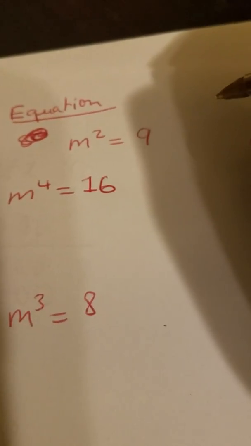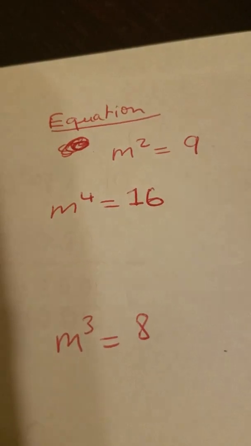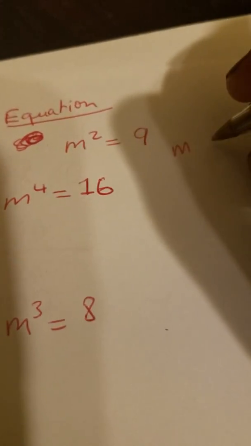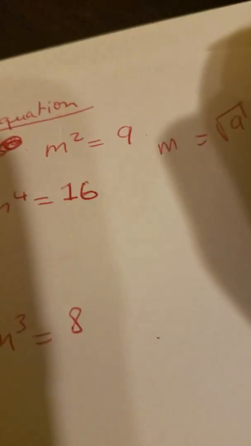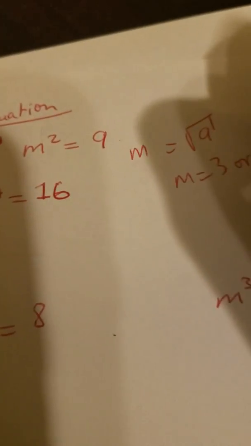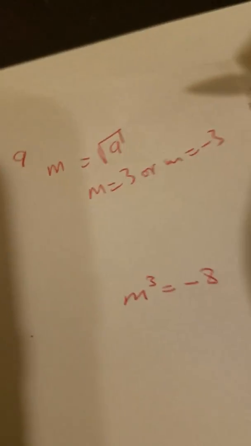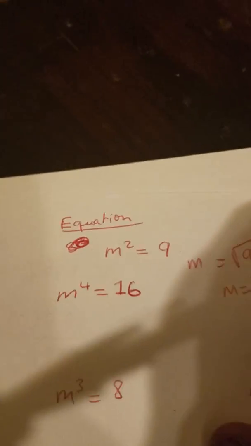And I want to make it clear, the correct way of solving it is m is equal to square root of 9. Then m is equal to 3, or m is equal to -3. This is the way I want the answer to be written.